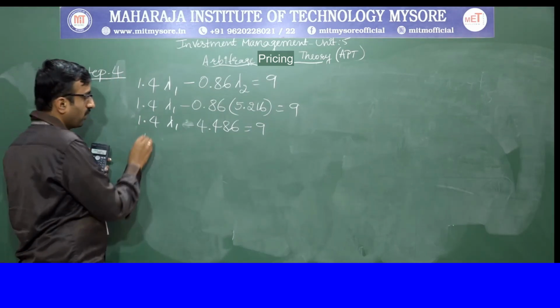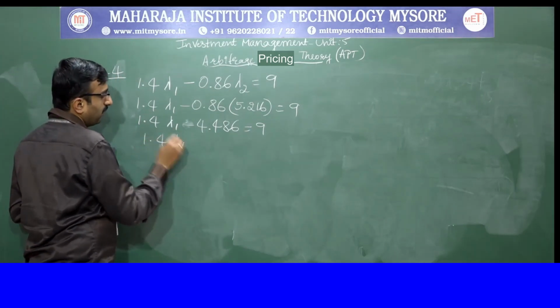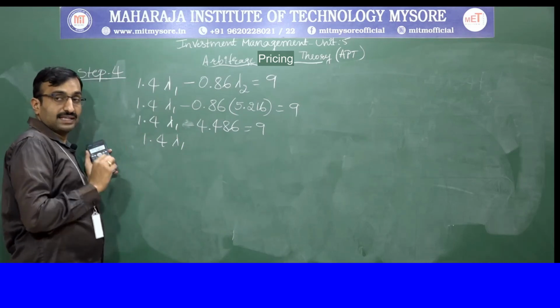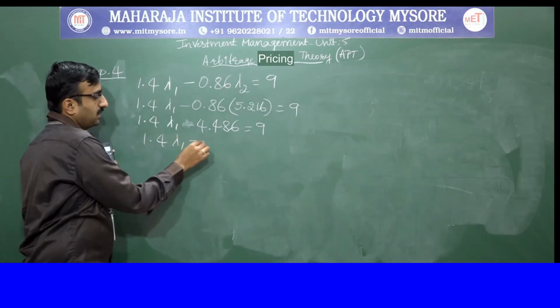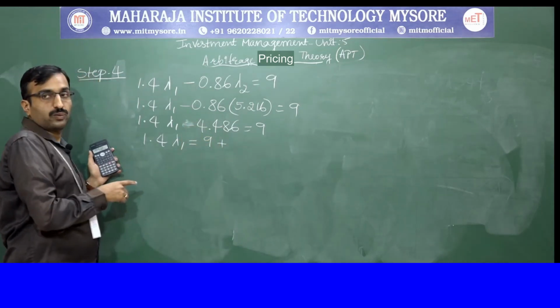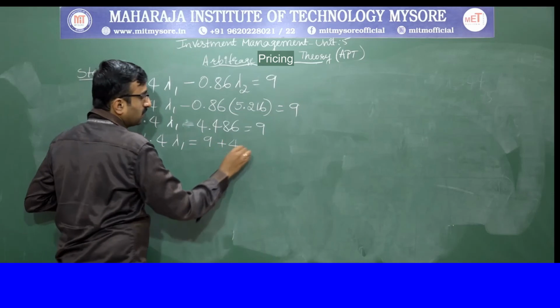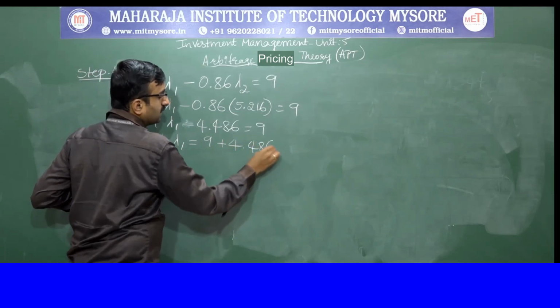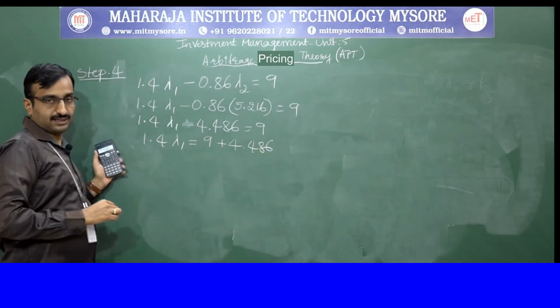Okay. So, then 1.4 lambda 1, if you take it to the other side, it could be plus 4.486, you will get it.